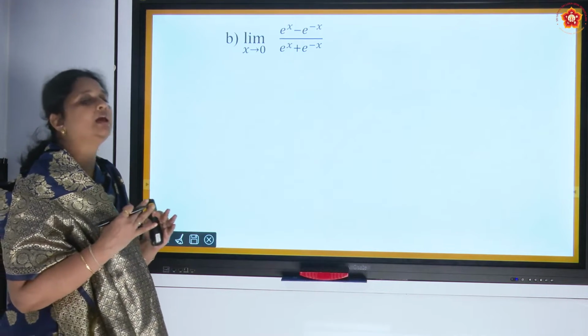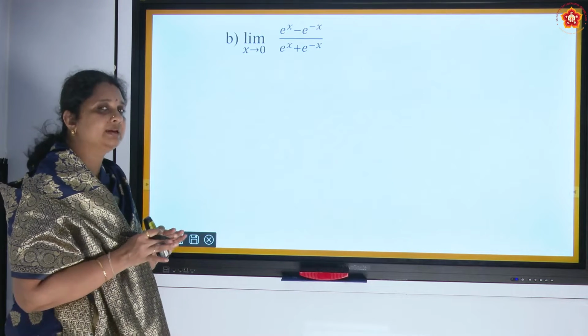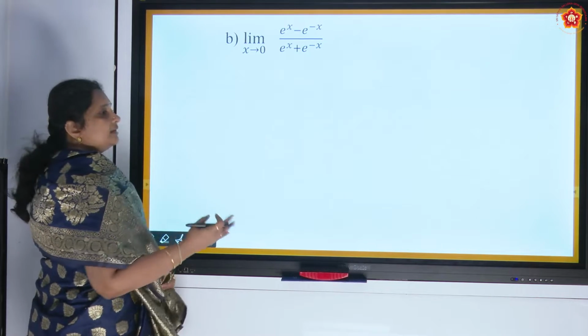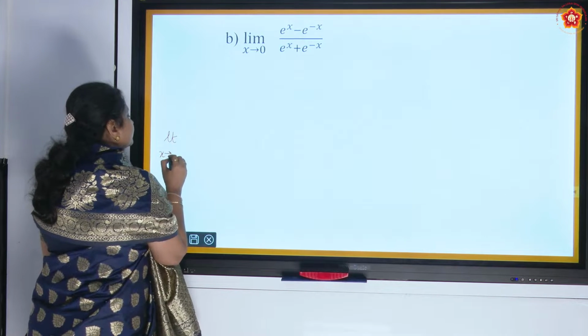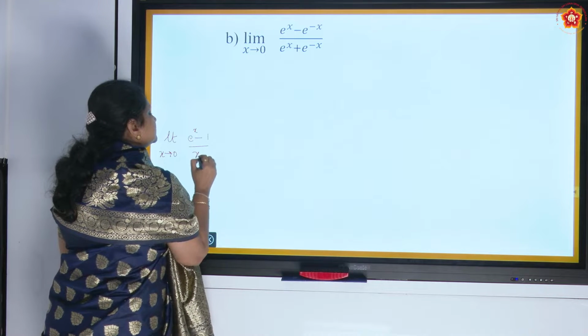Now, involving exponential functions, do I have any formula ready-made for me with limits so that I can apply? I have only one formula that we've already seen, that is limit x tending to 0, e power x minus 1 by x is 1.